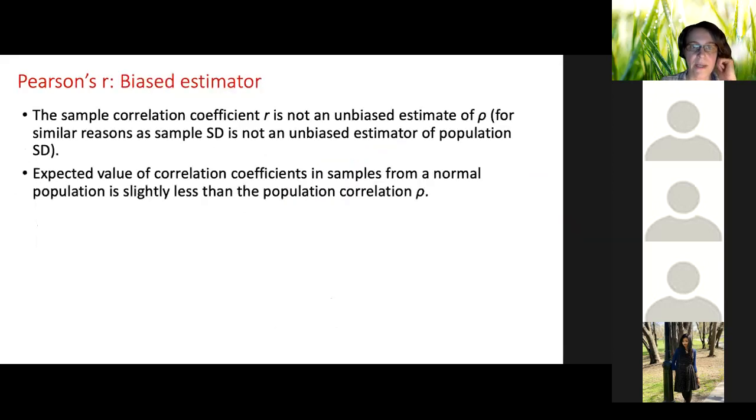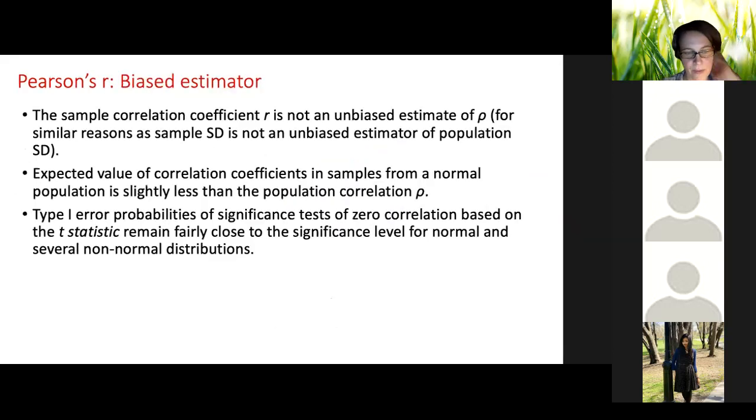We were talking about estimators and bias at the beginning of this class. Just so you know, Pearson's R, the sample correlation coefficient, is a biased estimator of the true population correlation, for similar reasons as the standard deviation is not an unbiased estimator of the population standard deviation.